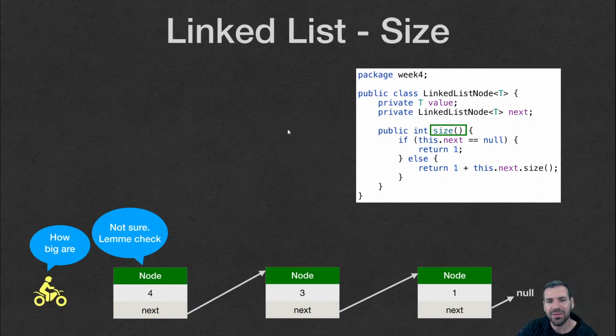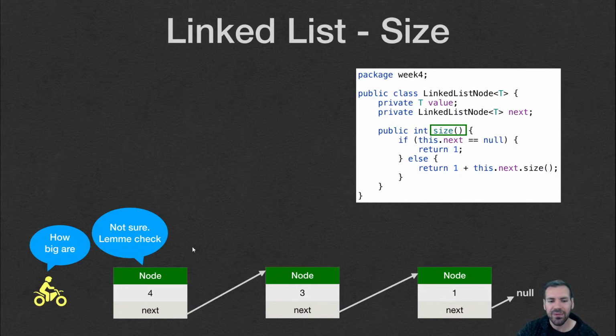I effectively have a reference to a linked list of size 1 that has just the value 1. Likewise, if I have a variable that stores a reference to this node here, then I have a reference to what I would think of as a linked list of size 2 with the values 3 and 1.